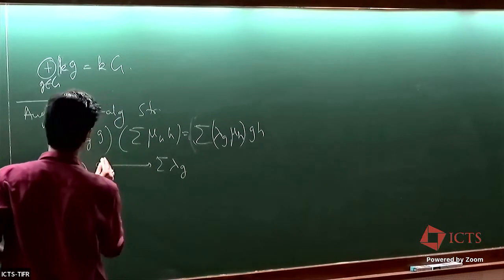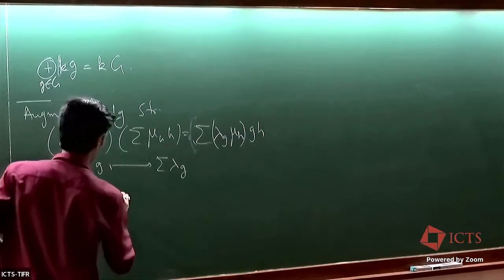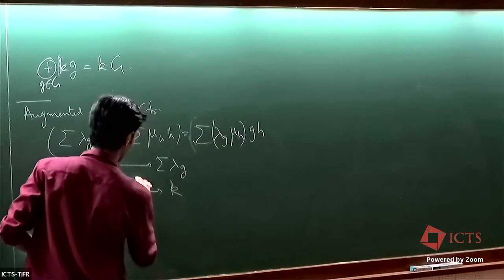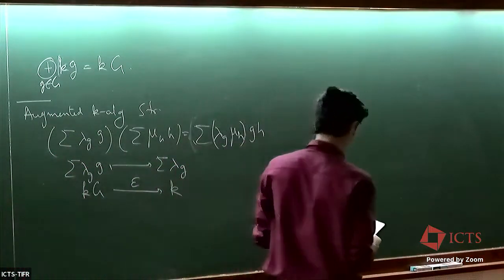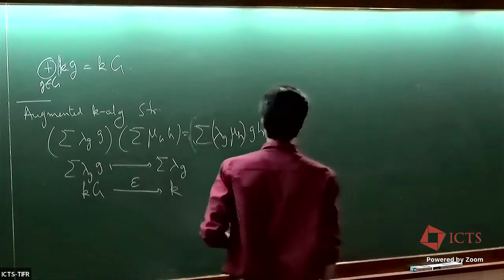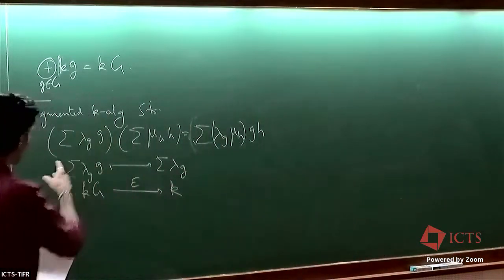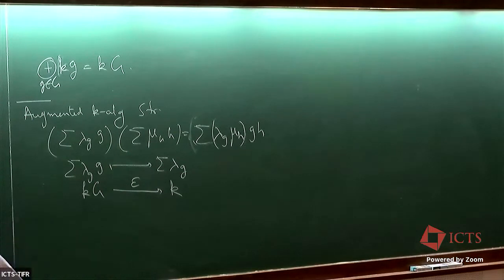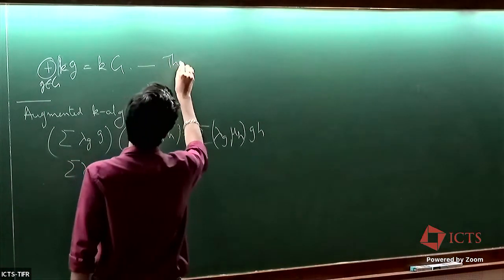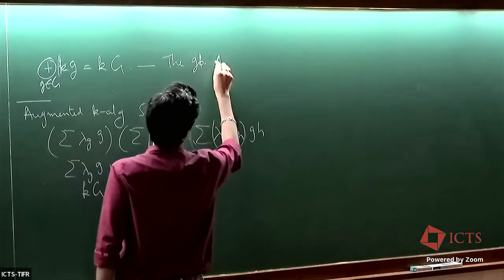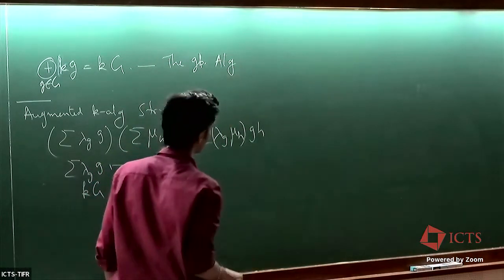This is a map from KG to K and will be denoted by epsilon. Okay. So with respect to this multiplication structure, which is giving a K-algebra structure, and this augmentation map, we will call it the group algebra. This term was coined by Frobenius in 1897.